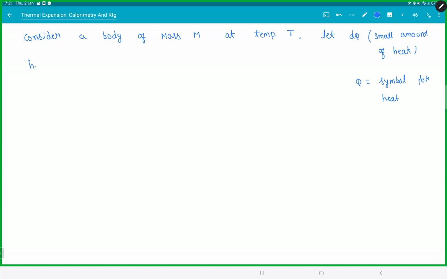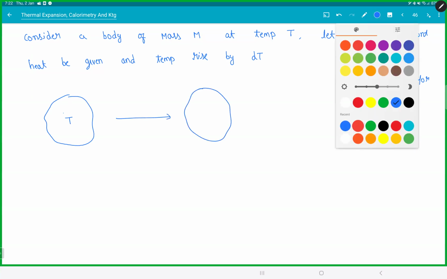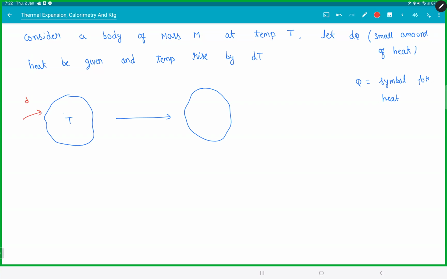Let dq heat be given and temperature rise by dT. So if you have a body here at temperature T, when you give a small amount of heat dq, the temperature becomes T plus dT.